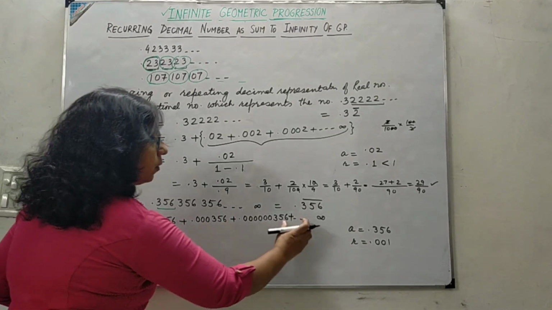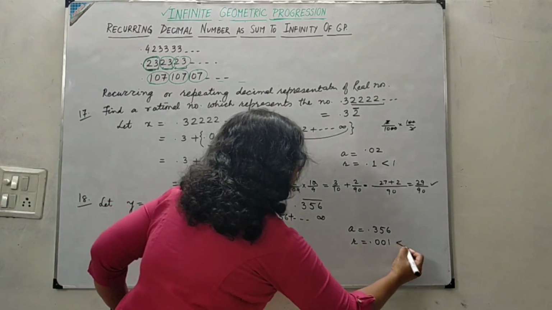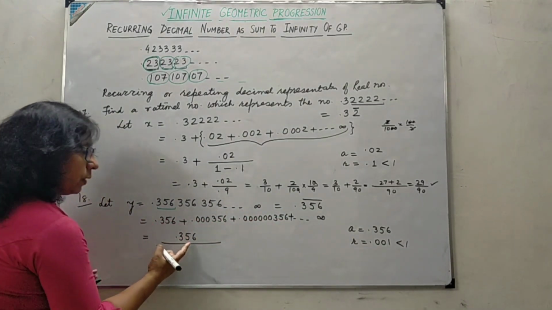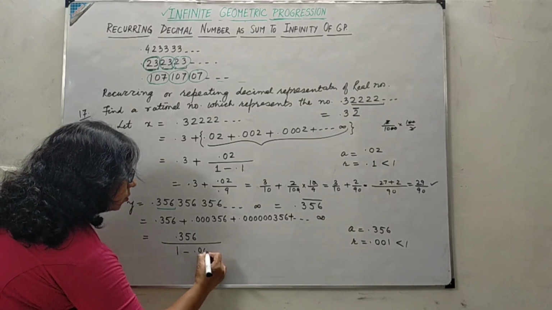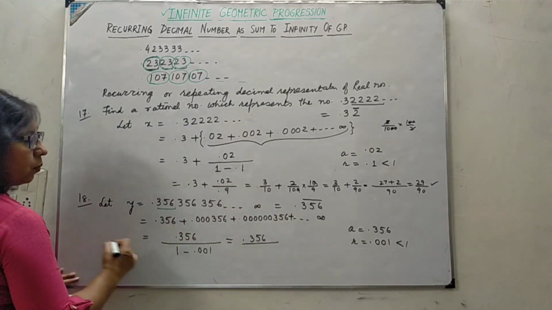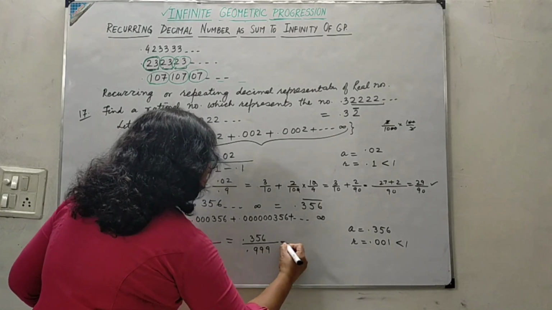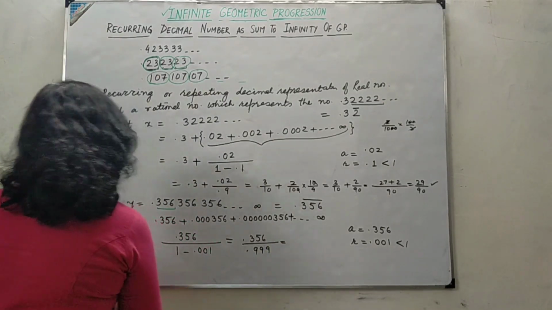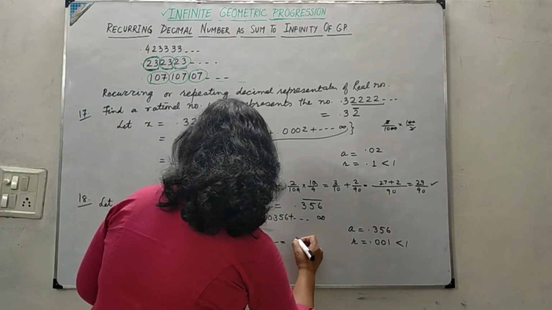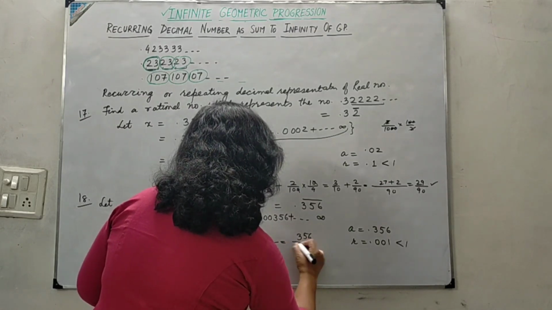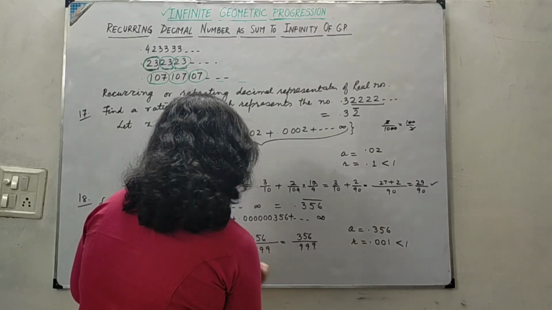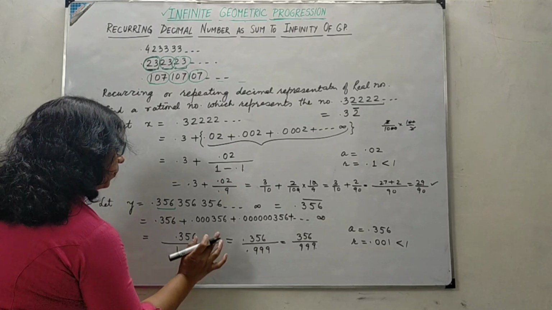Now again this is less than 1, so we can apply the formula for infinite GP: first term upon 1 minus 0.001, that is 0.356 upon 0.999. So we are getting it as 356 by 999. This is your answer.